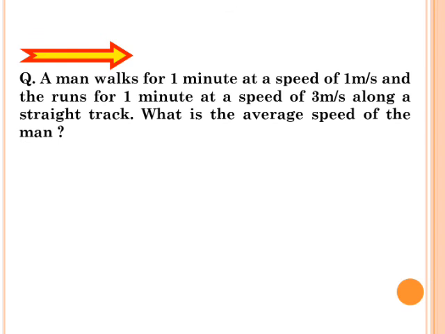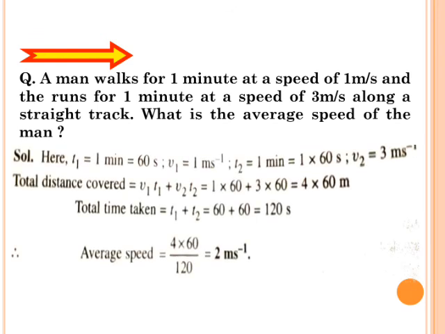Please pause the video and try to solve the question, or you can say numerical. Now, please check your answer, and if you didn't get the solution, you can see it from here.